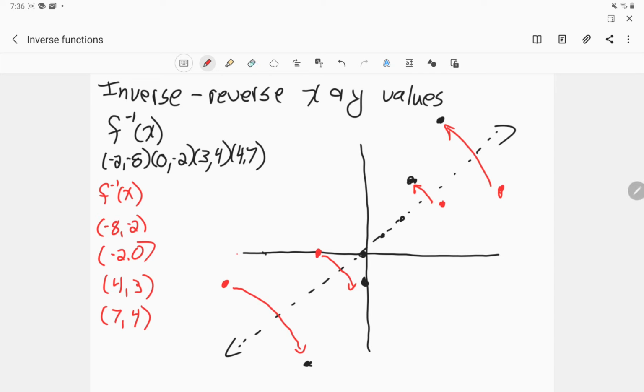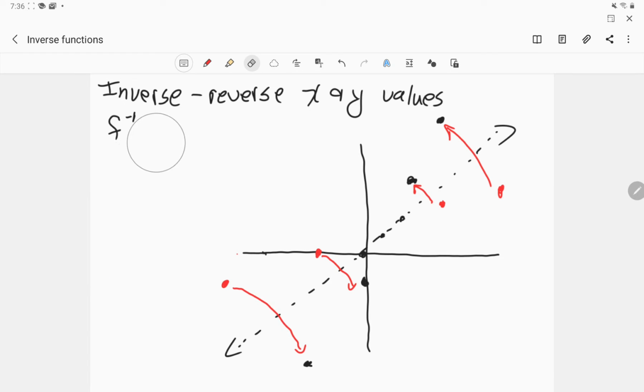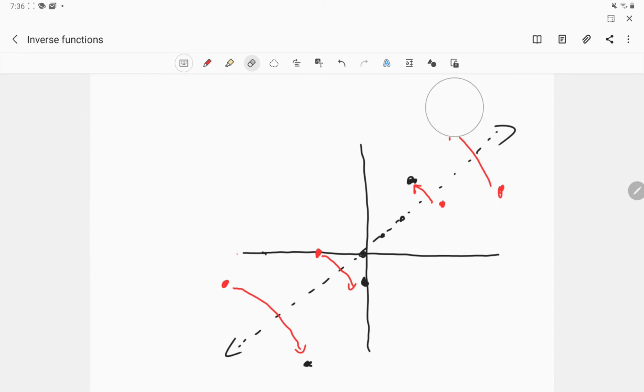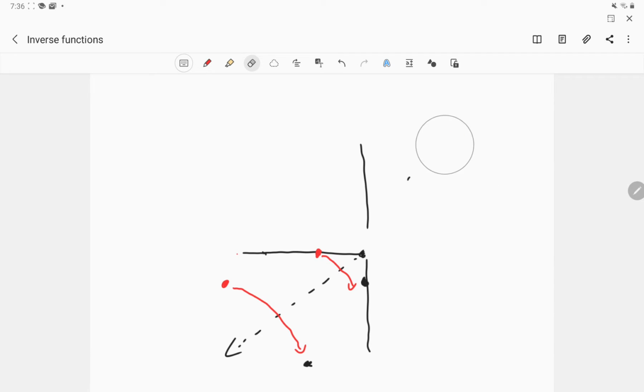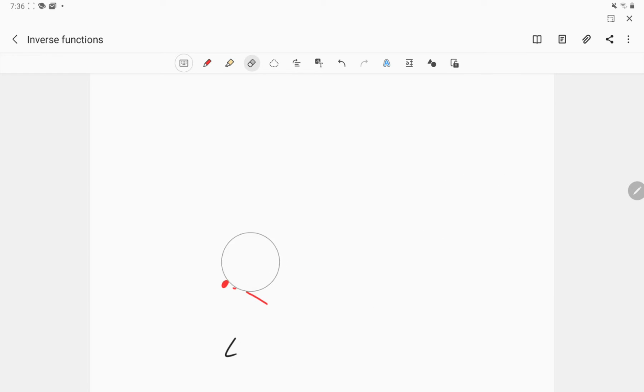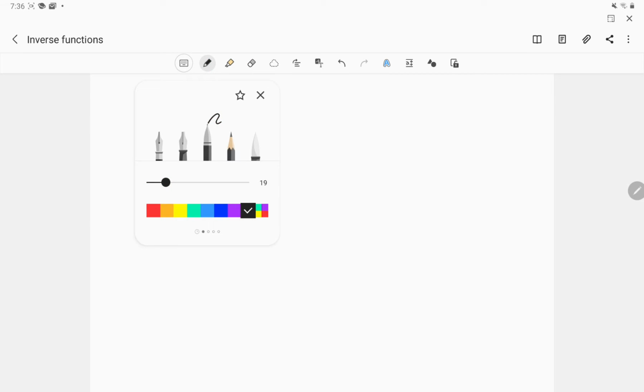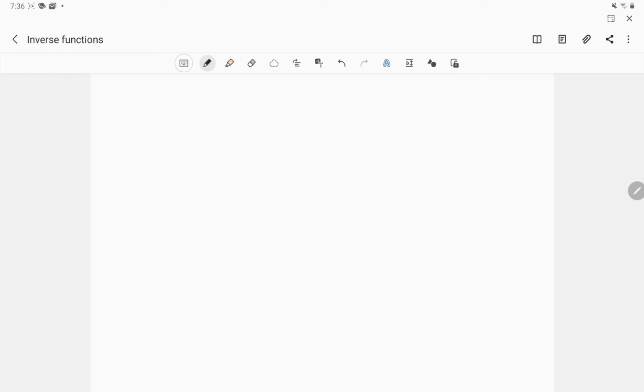Now, in terms of an equation, because most of the time you're not getting a set of ordered pairs, they're giving you an equation. So if we look at example number 2, they give you f of x is equal to 3x minus 4.